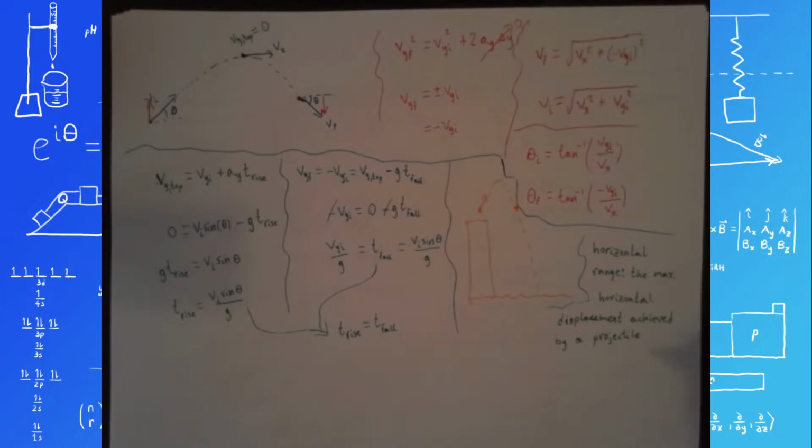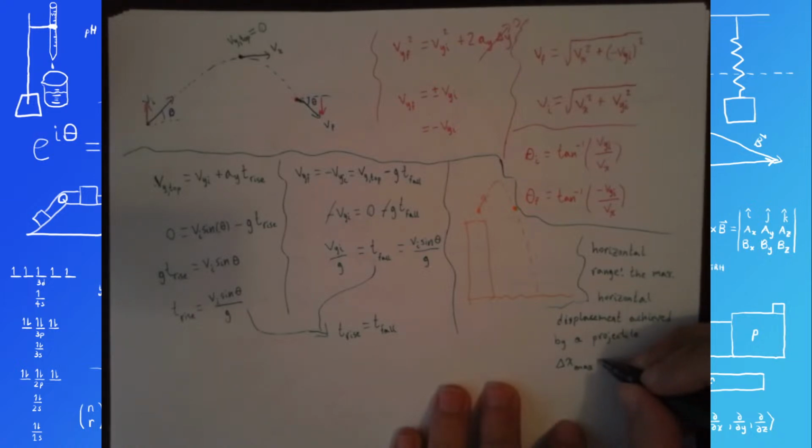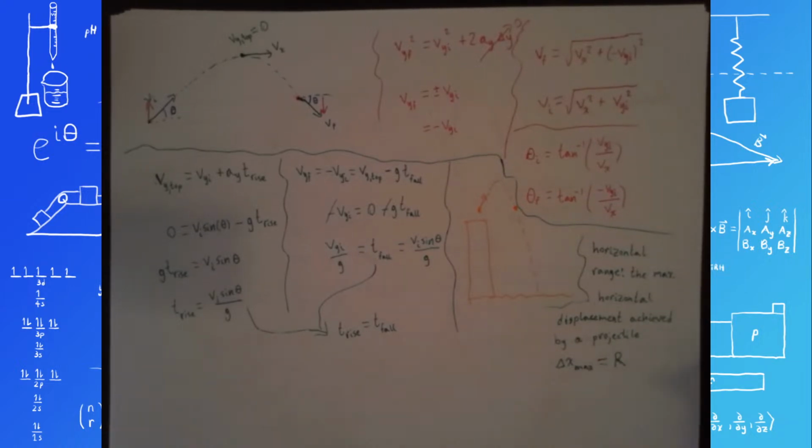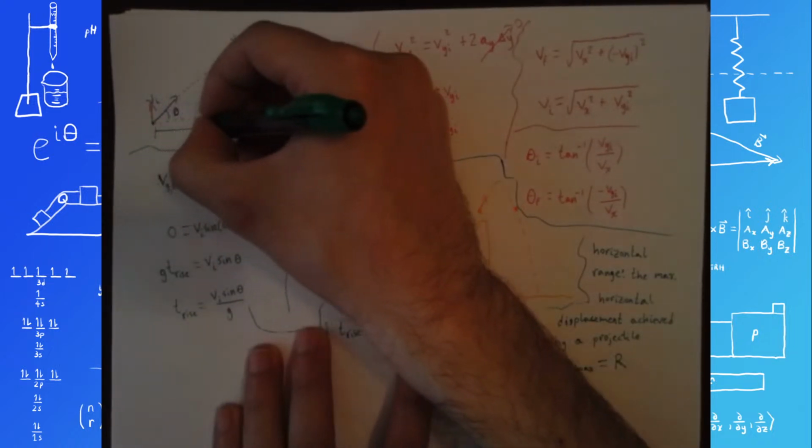Sometimes we call this delta x max, but you will also see textbooks call this capital R. Either term is used. In the symmetric case, it's pretty easy to see what that would be.